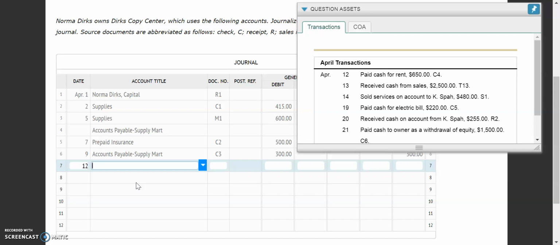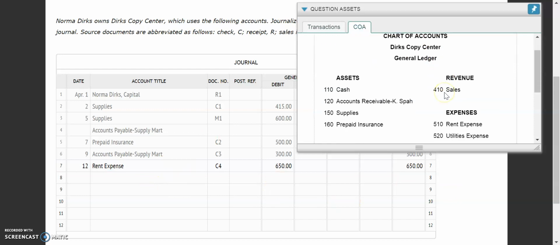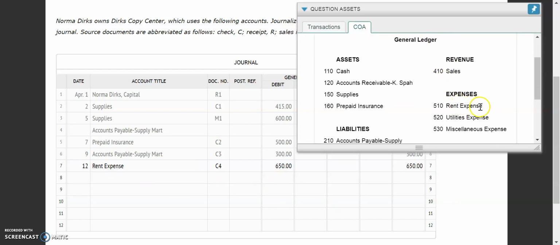So that always gives me a good indicator. So since we paid cash, cash is going to be credited, which means that rent expense is going to be our debit. C4, rent expense is going to get the debit of $650, and cash will get our credit of $650. Now, if you weren't sure what to call it, you can always once again check your chart of accounts, and you'll see that rent expense is listed right there.